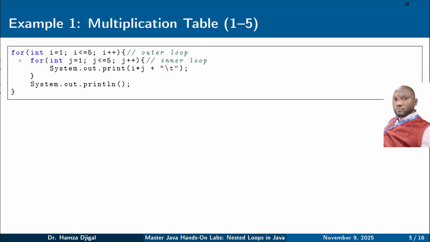For instance, we have a for loop, as you can see here, which we call the outer loop, and we have another one which we call the inner loop, as you can see inside. So when we try to print this pattern, it means each time it takes a value of i, it multiplies by the value of j.